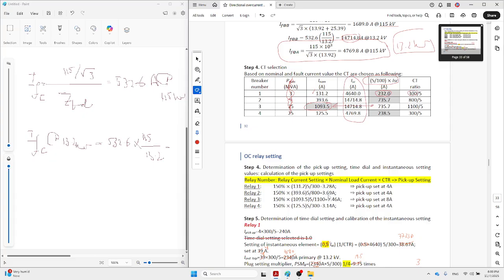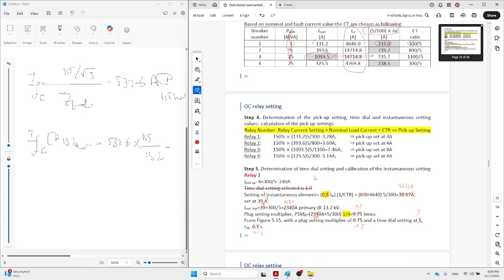In the same way, 3.96 is again upgraded to 4. Here, 7 point something is upgraded to 8. And finally, we have another upgraded to 4. At this point, since we changed the pickup current, the final value is less than 240. You can see it's 131.